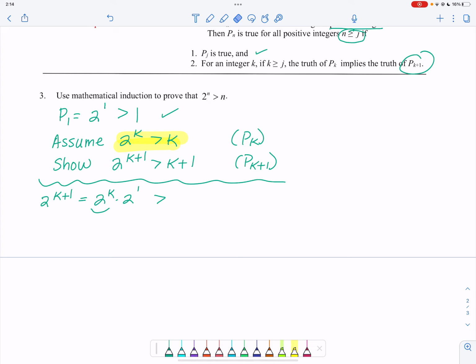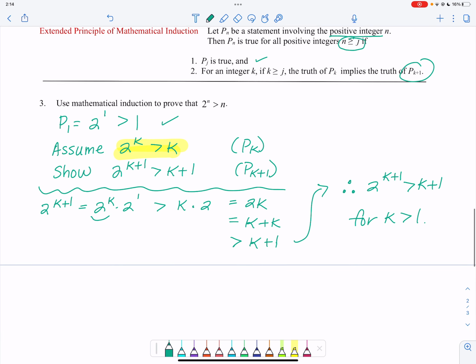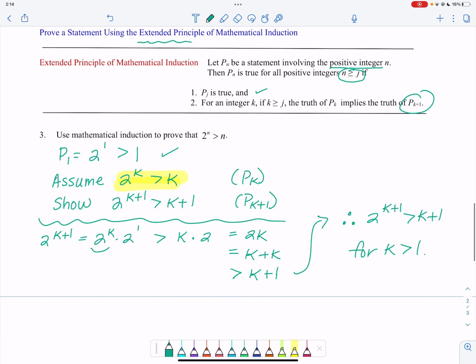And I should have put a k times 2. And that is equal to 2k, which is equal to k plus k, which is greater than k plus 1. Therefore, 2 to the k plus 1 is greater than k plus 1 for any k greater than 1. Okay, and that concludes this section.